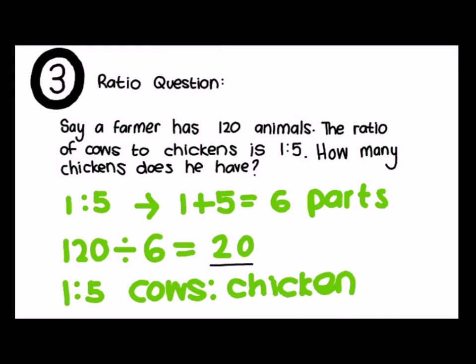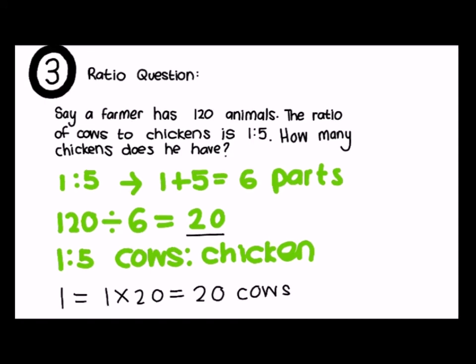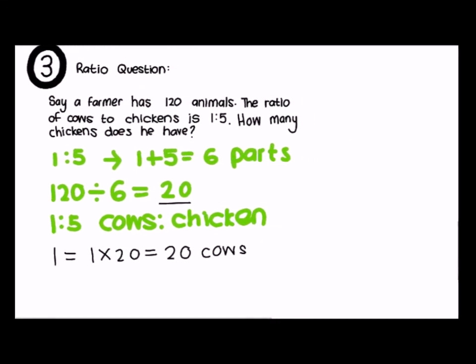That's 1 part, so for the cows, we have 1 part. So 1 part is equal to 1 times 20, which is equal to 20 cows. For the chickens, on the other hand, we have 5 parts. So we've got 5 times 20, which is equal to 100 chickens.